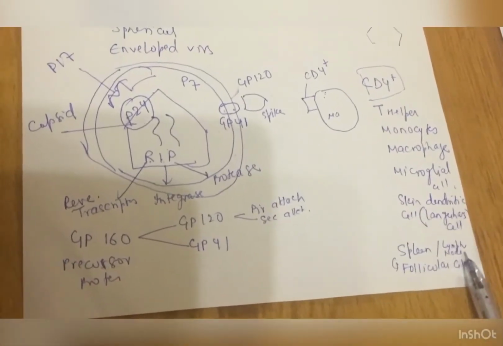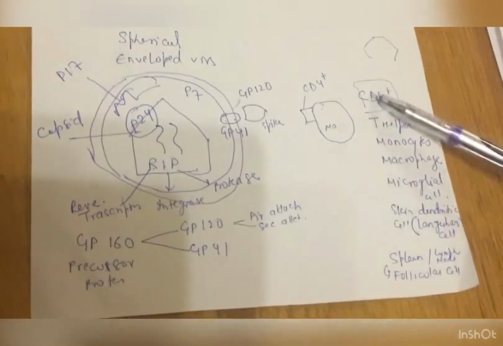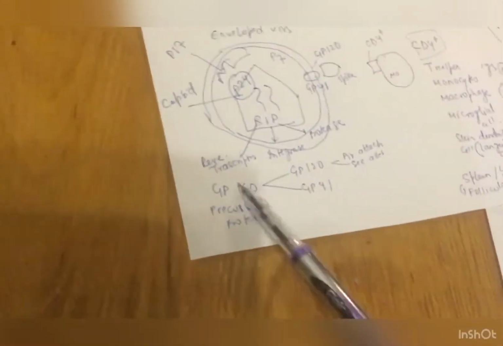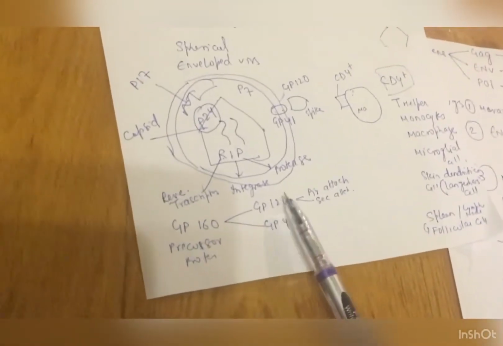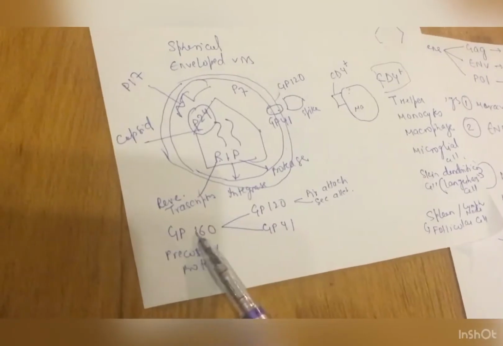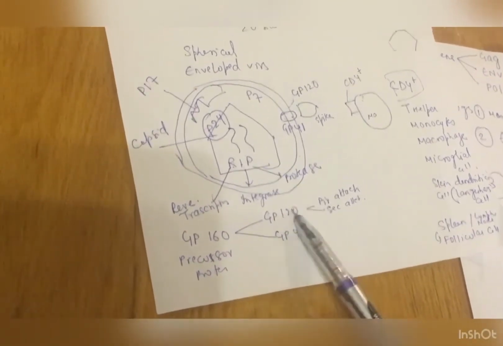In spleen and lymph node there are follicular cells. All these cells have the CD4 positive receptor. The precursor of GP120 and GP41 is protein GP160.